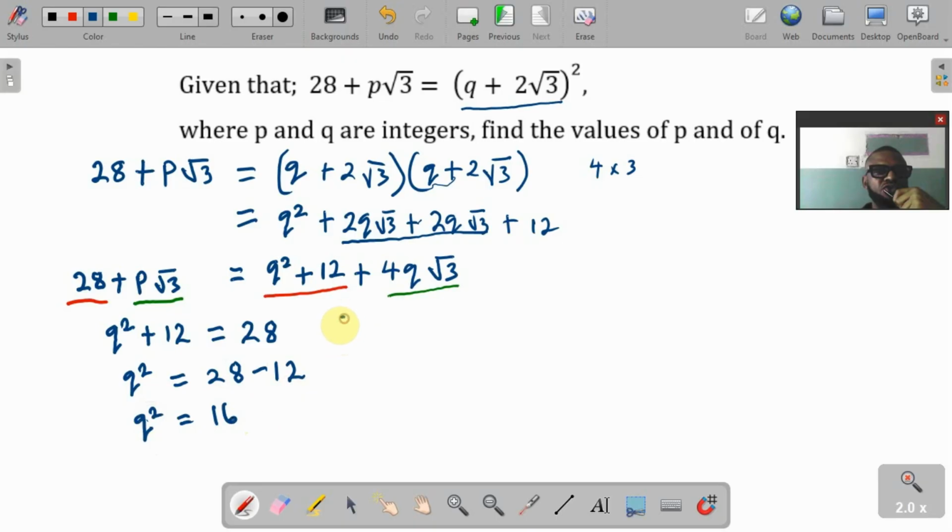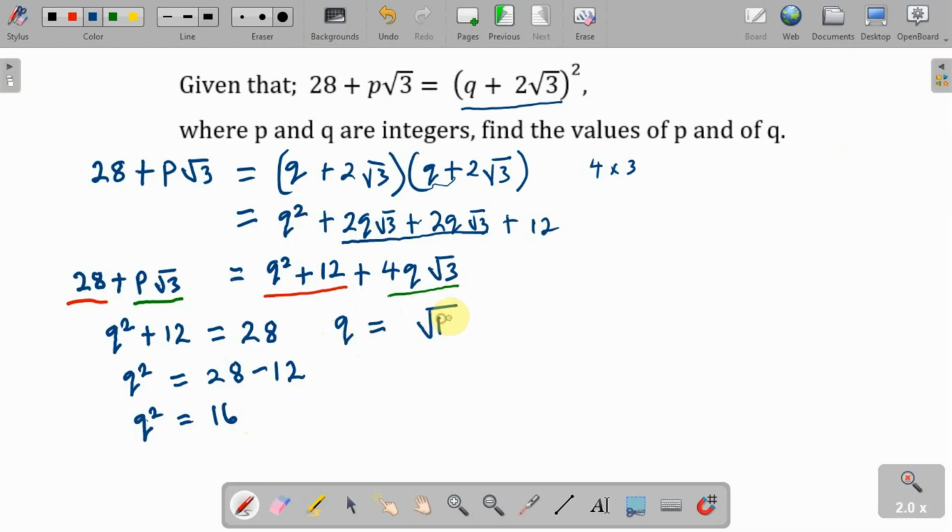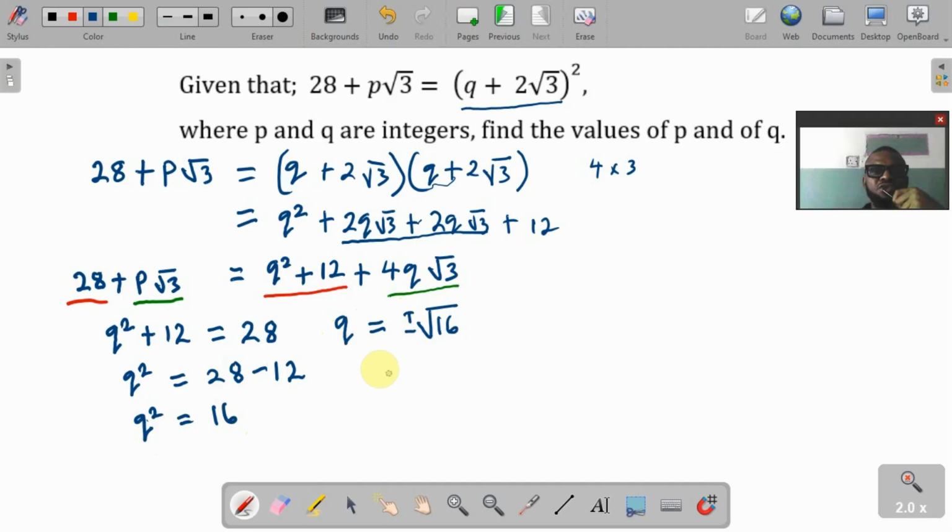Then my Q becomes the square root of 16, plus or minus. Then my Q becomes 4 or minus 4.